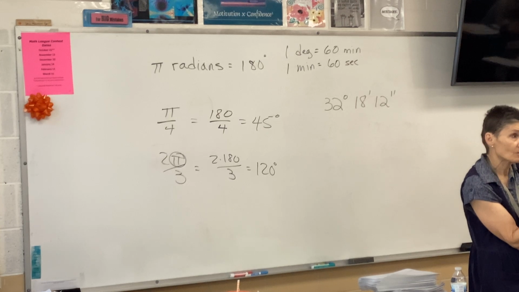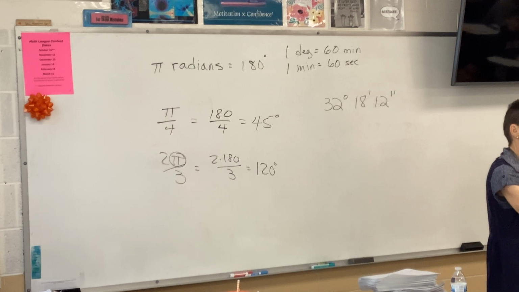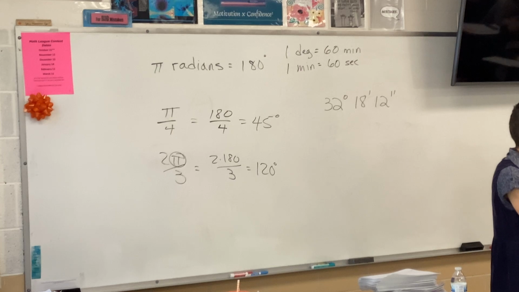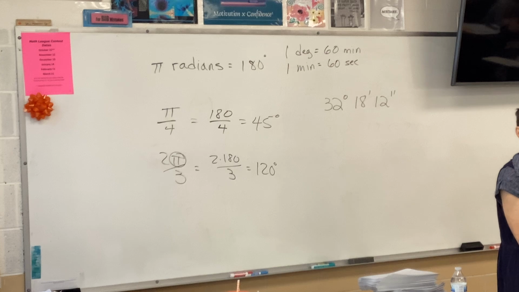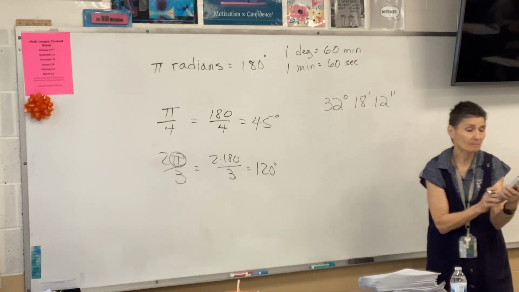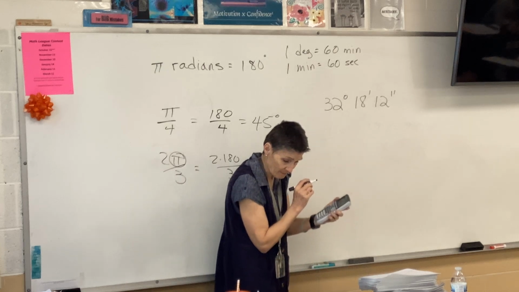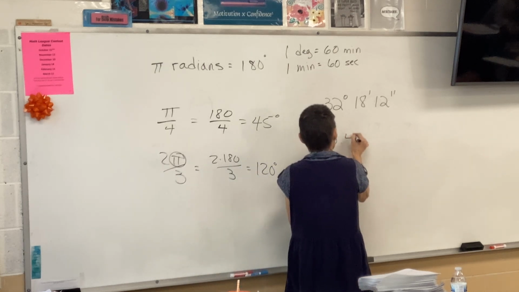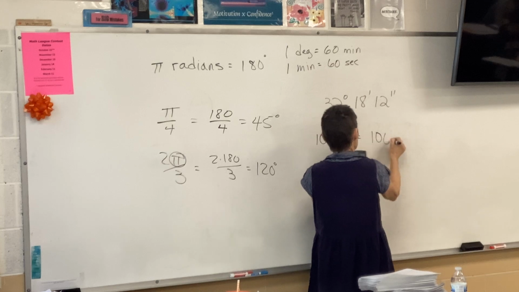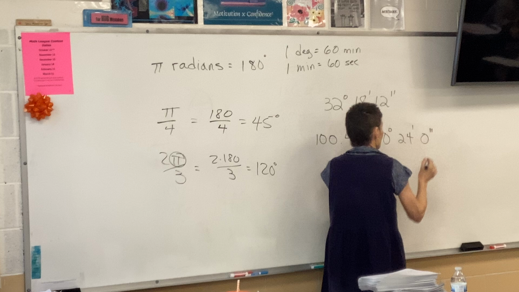There's a whole bunch of stuff there. Click down to DMS. Any guess what DMS stands for? Degrees, minutes, seconds. So click down to DMS and press enter. And it says 100.4, what we typed in, is 100 degrees, 24 minutes, and 0 seconds.